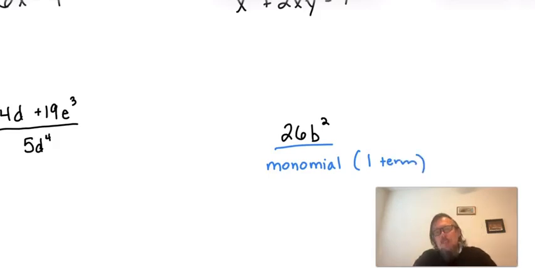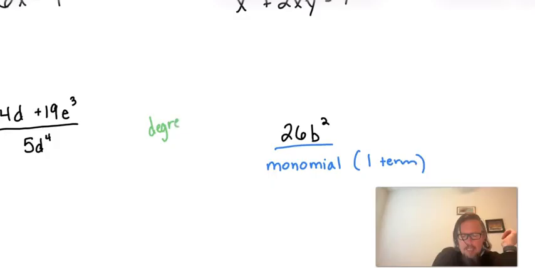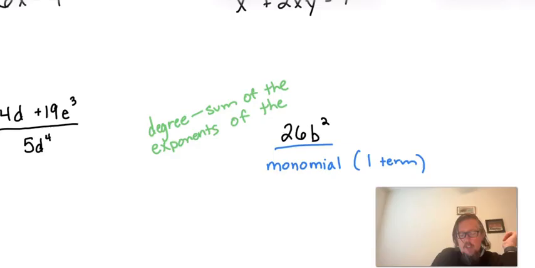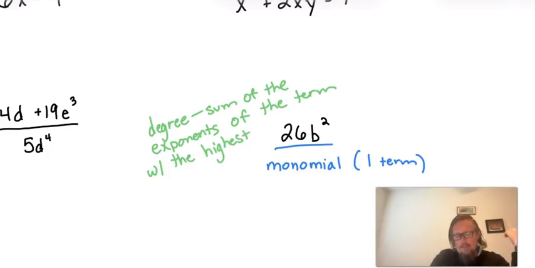Now, the thing that we haven't talked about is what's referred to as the degree of the polynomial. And very simply, a polynomial's degree is the sum of the exponents of the term with the highest exponents, the most exponents.